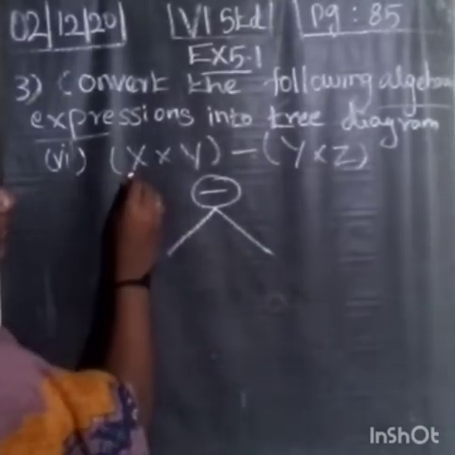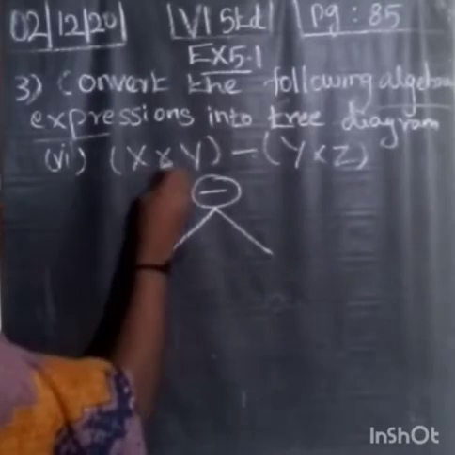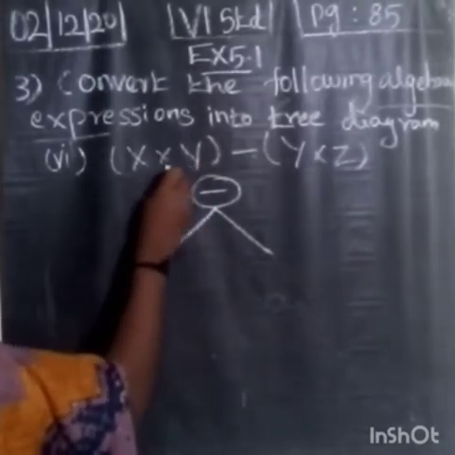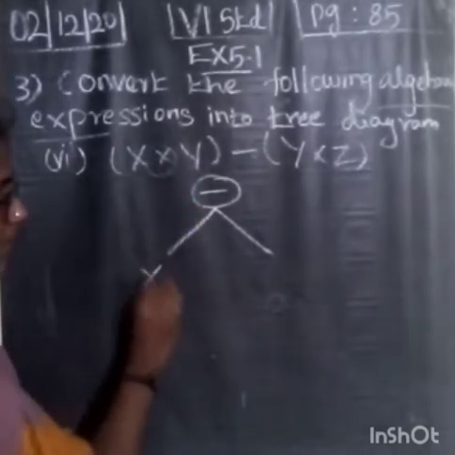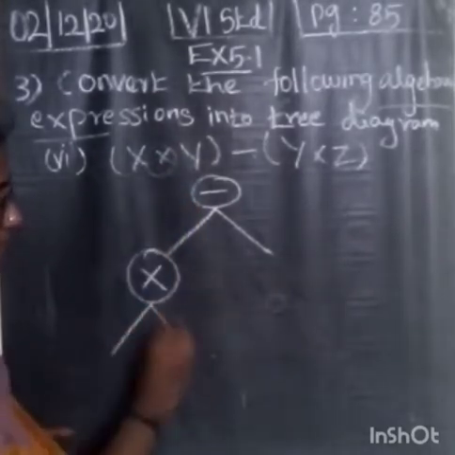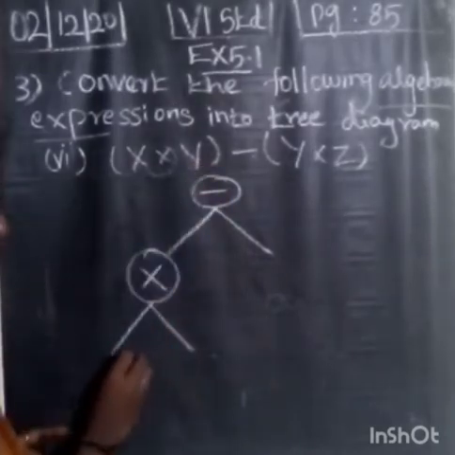The first expression is x multiplied by y. Here the operation is multiplication, so multiplication splits into the branches x and y.